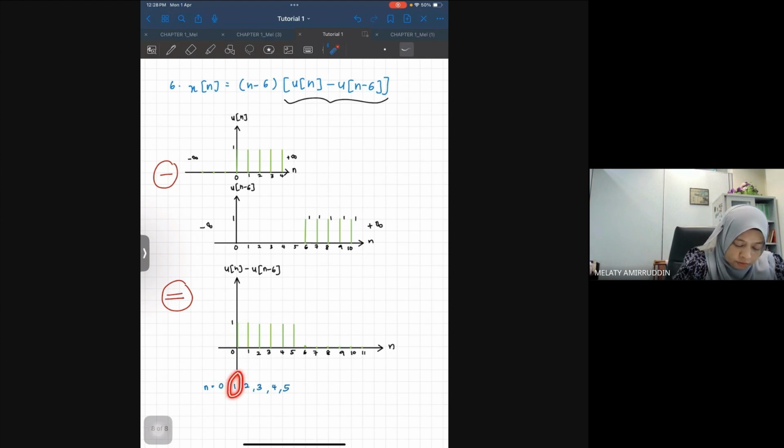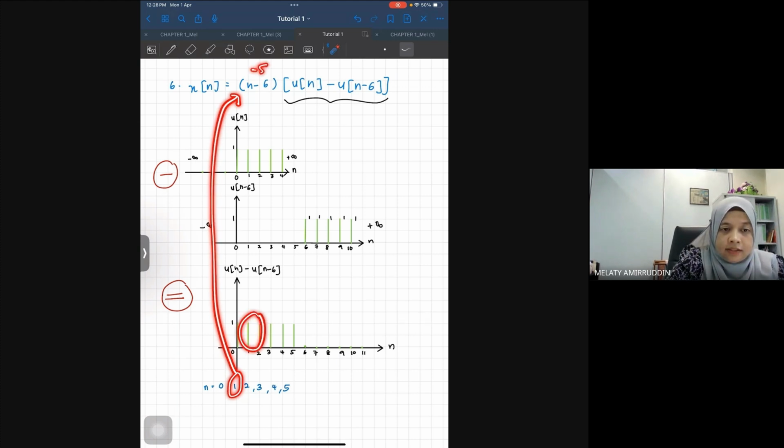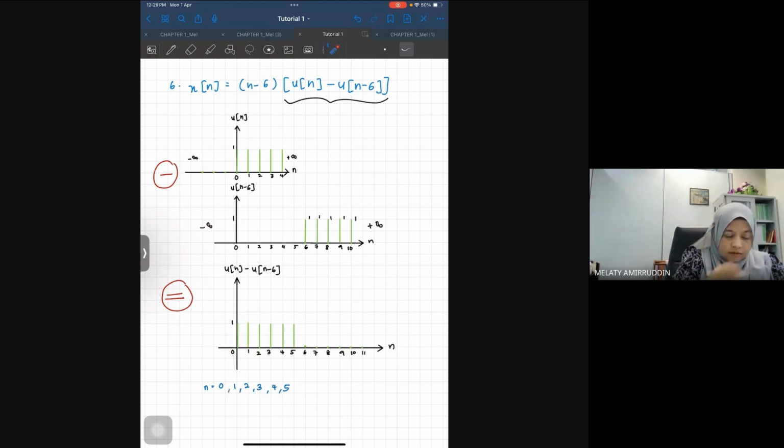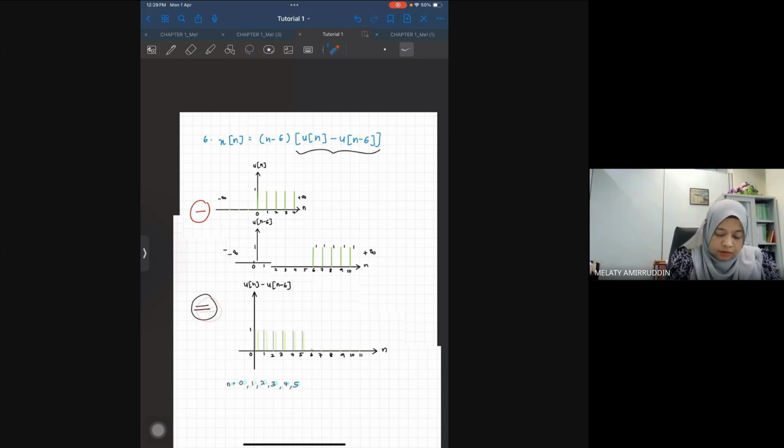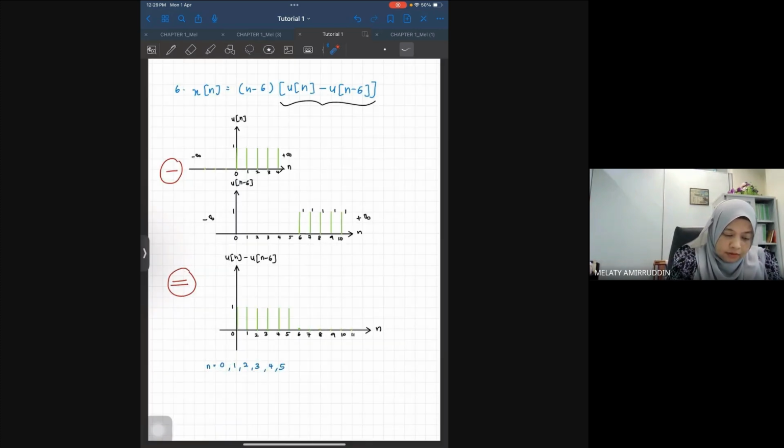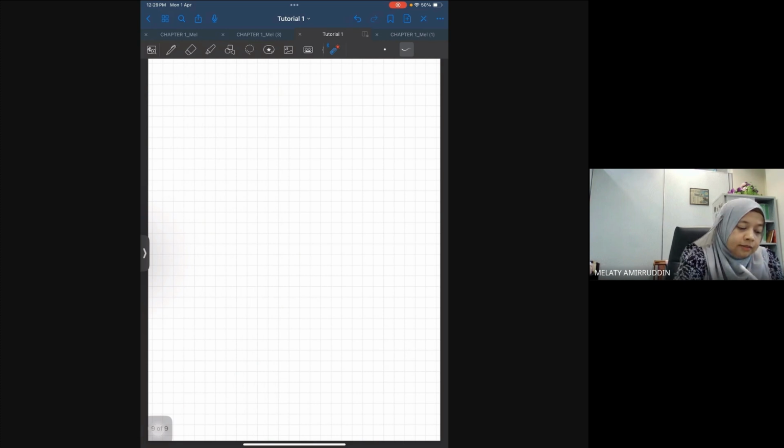What if you substitute 1 inside this? 1 minus 6, you will get negative 5. So negative 5 is the amplitude times 1. So the signal, you will get the signal like this.